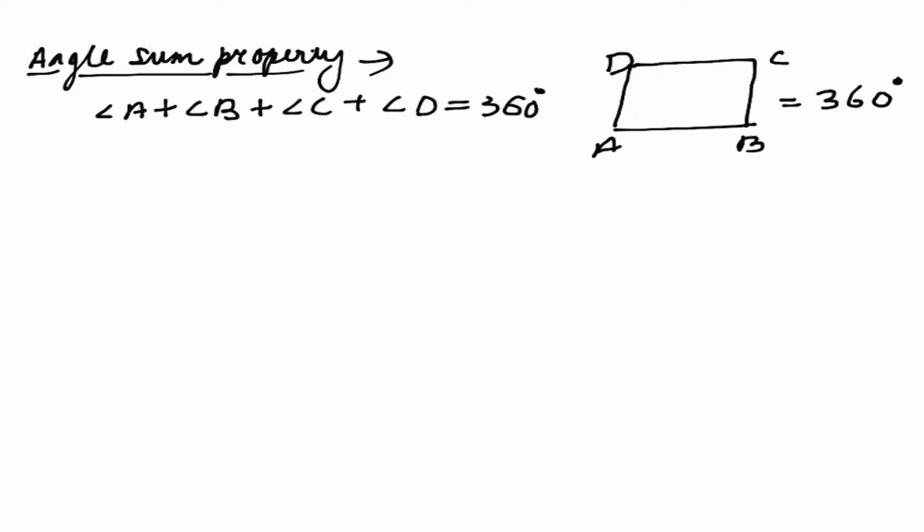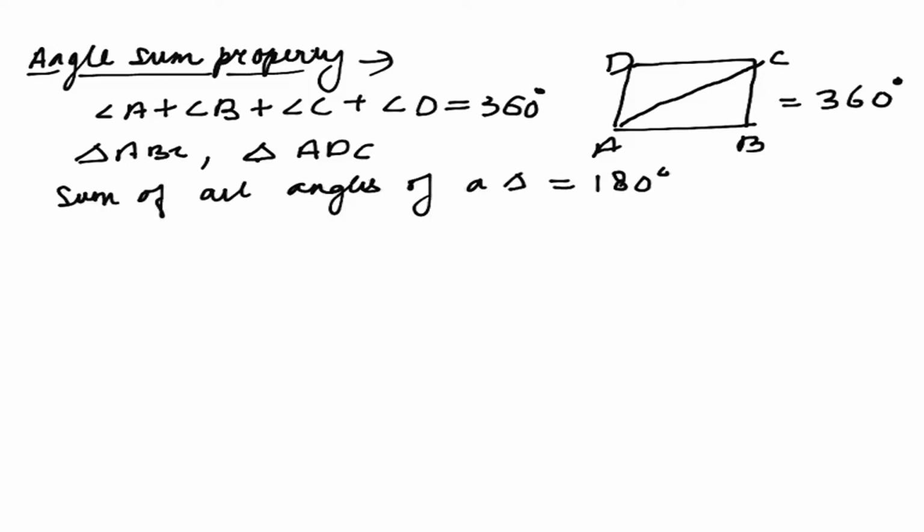Suppose for that we make a diagonal AC here. Now we have two triangles, triangle ABC and triangle ADC. We know the sum of all the angles of a triangle is 180 degrees.